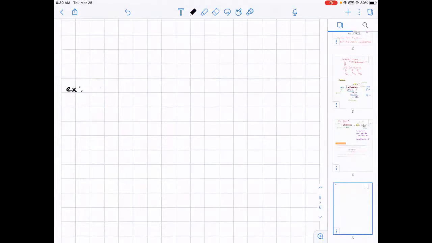Let's divide 3x cubed minus 16x squared plus 5.